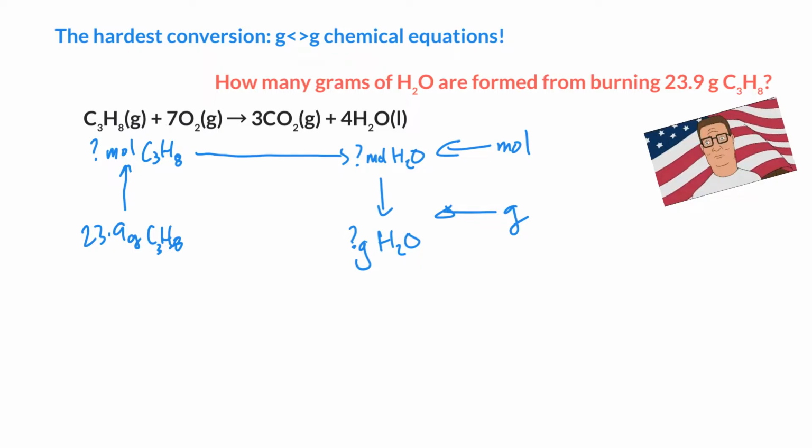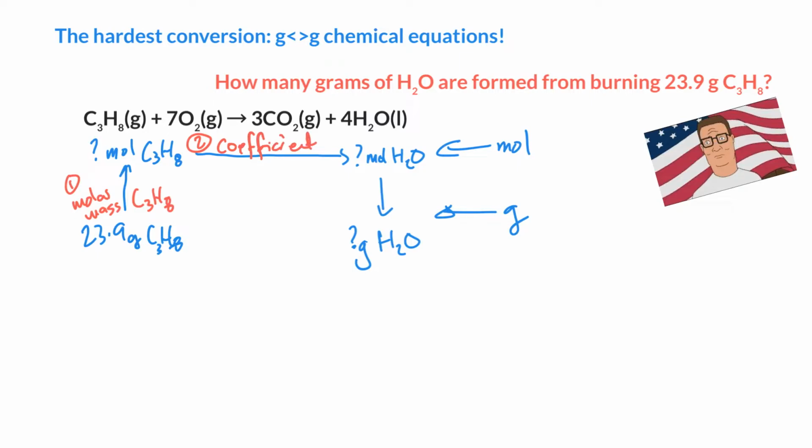The conversion factors we need: to go up, we need the molar mass, so that's the mass of all the atoms of propane. And then we go from moles to moles. When we go from moles to moles, we use the coefficients in our balanced chemical equation. So that's where we get to point our fingers again, right?